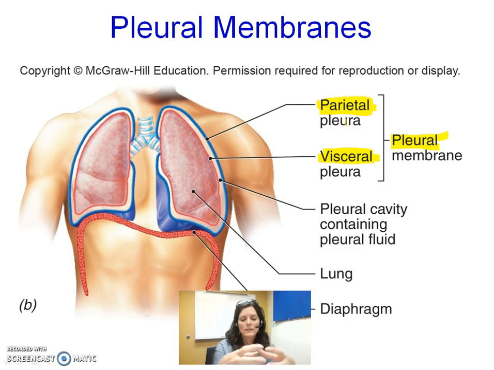The lungs would still be on the inside, and they would also be smooth and shiny because they are covered in visceral pleura. So the lungs are covered in visceral pleura. The inside of the rib cage, the inside of the overall cavity, is lined with parietal pleura. Okay, so that takes care of the pleural membranes.